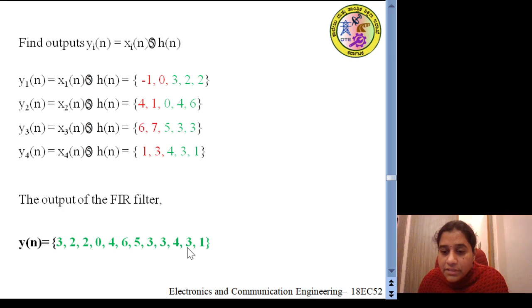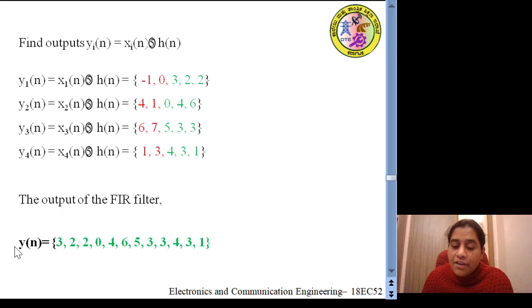So we have saved these values. We have overlapped these blocks of output and saved these values. And we are discarding the samples which are highlighted with red color. These red highlighted values are because of the repeated samples of previous blocks.